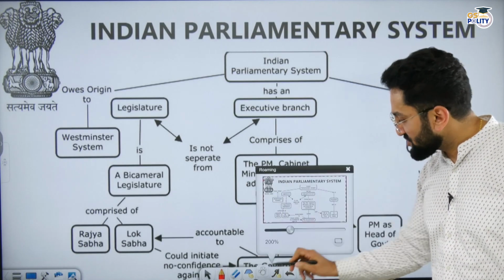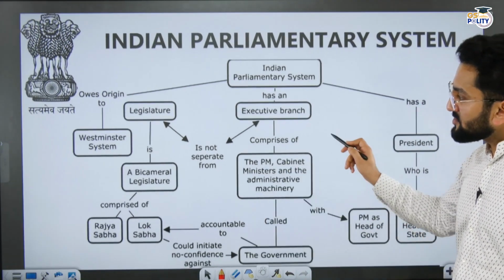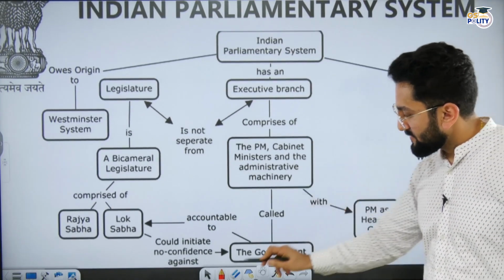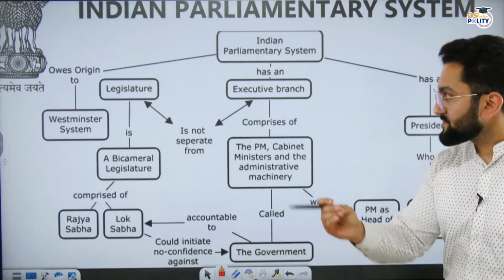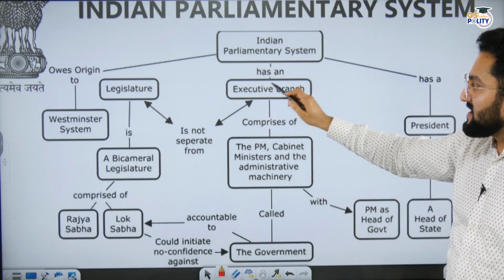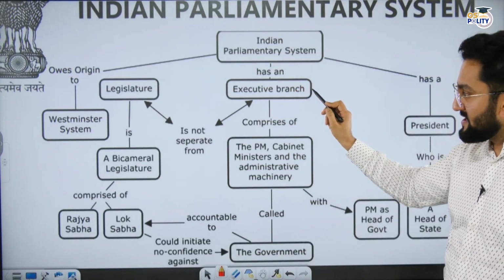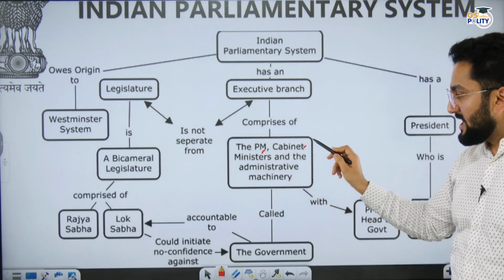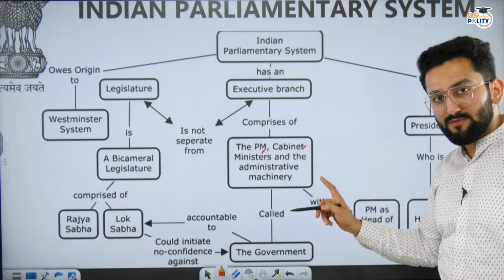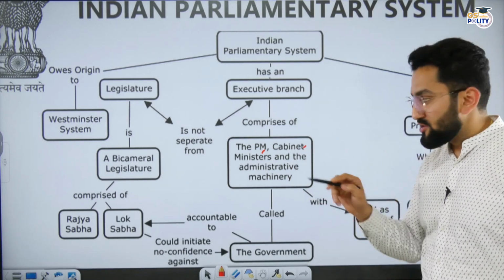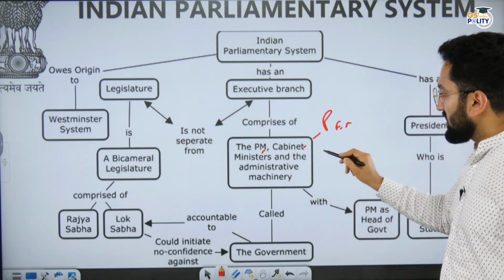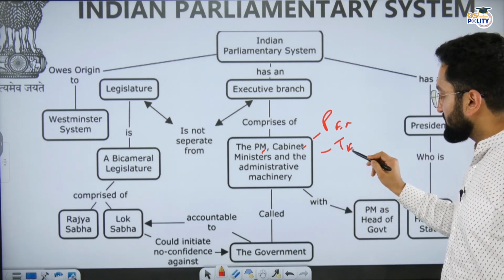Now let's understand the structure of Indian parliamentary system through this flow chart. It is quite easy. Number one, Indian parliamentary system has an executive branch, and within executive branch you have PM, cabinet ministers and administrative machinery. Please remember there are two kinds of executives. You have permanent executives and you have temporary executives.